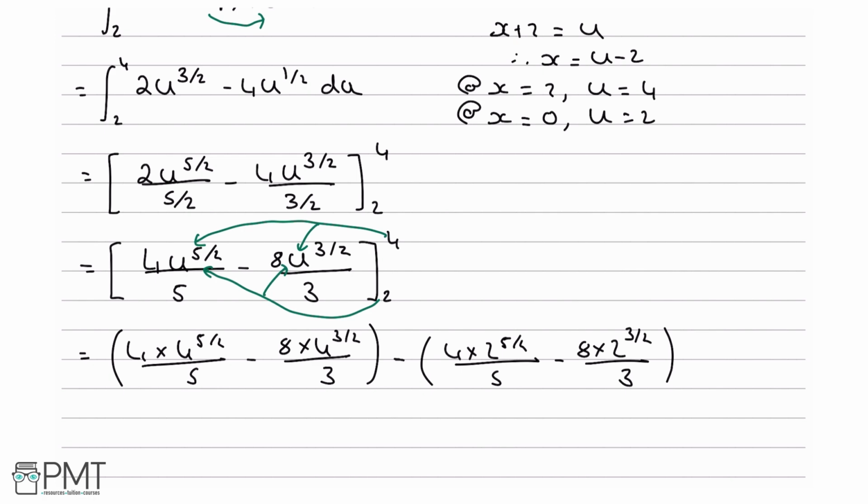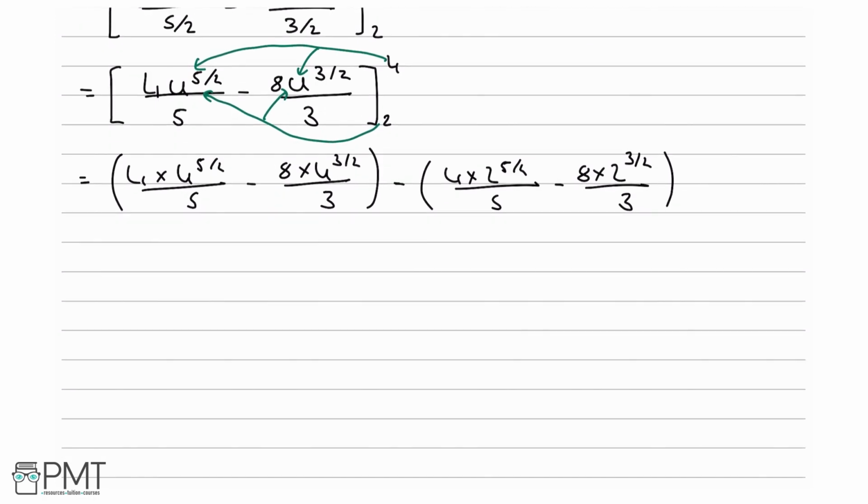If you were to plug these into your calculator, this equals 128 over 5, minus 64 over 3, minus, so this minus is applied directly to this term here, minus 16 root 2 over 5, and then minus a minus is a plus, so plus 16 root 2 over 3.